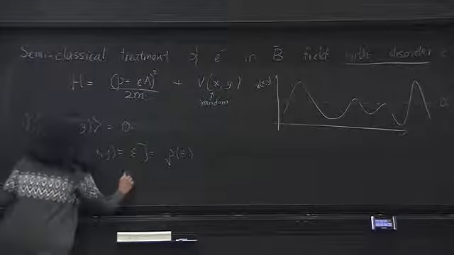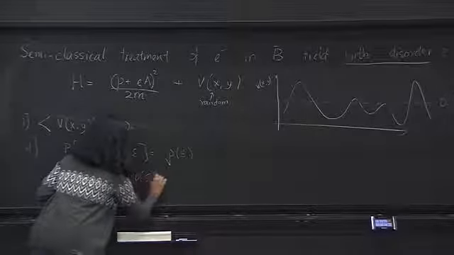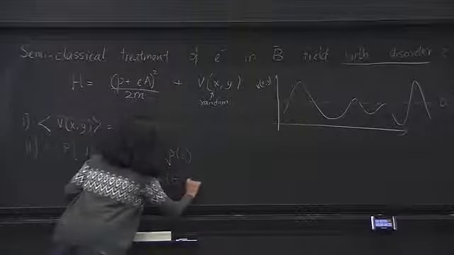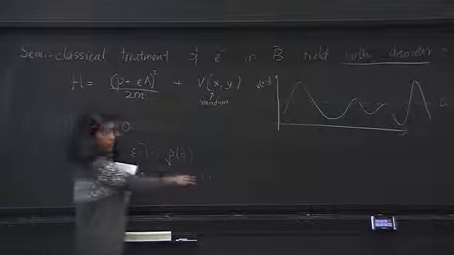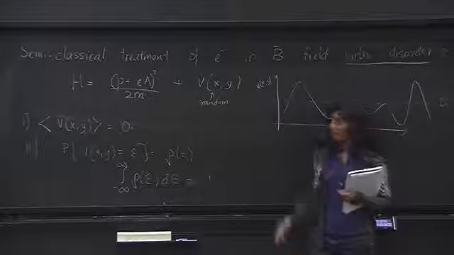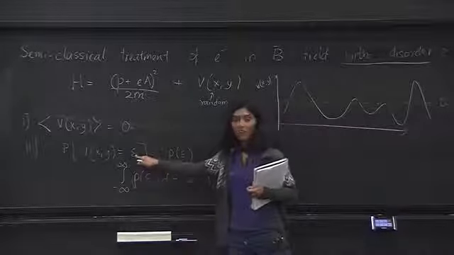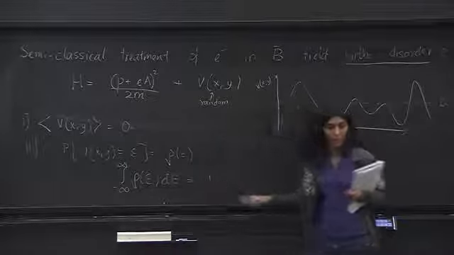And let's assume that it's a normalized probability distribution, right? So the probability that I'll get some value epsilon between minus infinity and infinity, if I add them all up, is probability 1.